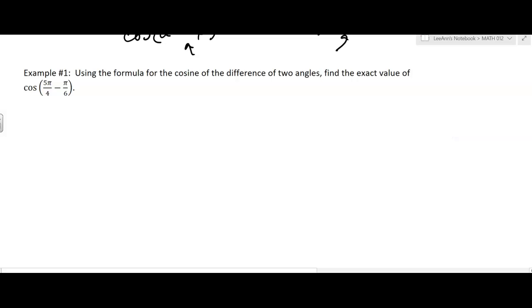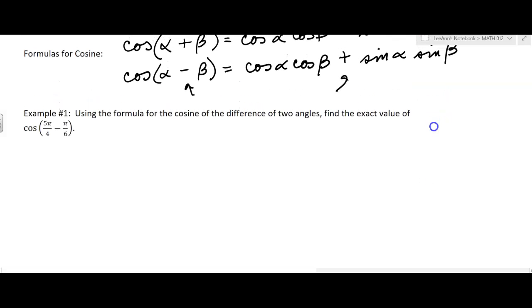So using the formula for the cosine of the difference of two angles. Okay, so we're going to use that bottom one. I'll scroll up a little bit there. Find the exact value. Now that's really important that you understand that, because you could say, well, I'll just put this in my calculator and get an answer. But we want the exact value, and so we need to be able to do that. Okay, so it says cosine 5 pi over 4 minus pi over 6. My 5 pi over 4, that's going to be my alpha, and my pi over 6 is going to be my beta.